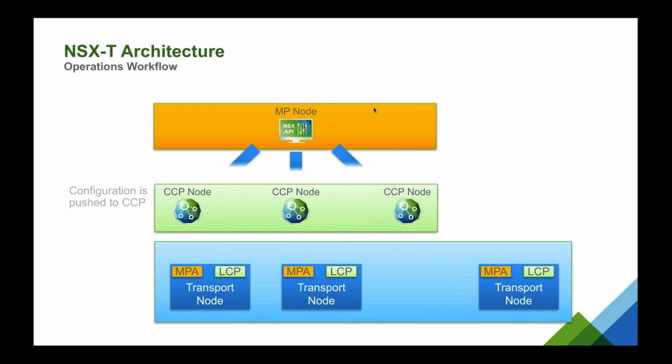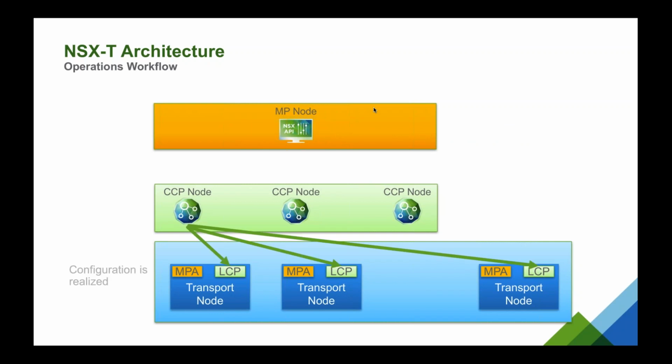Then the NSX manager talks to the control plane side, to the NSX controllers, and informs them of a new object being created, something like a logical switch. And then the control plane is talking to what we call the local control plane on the transport nodes.